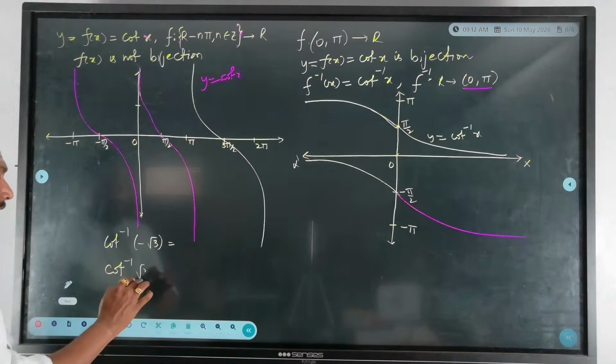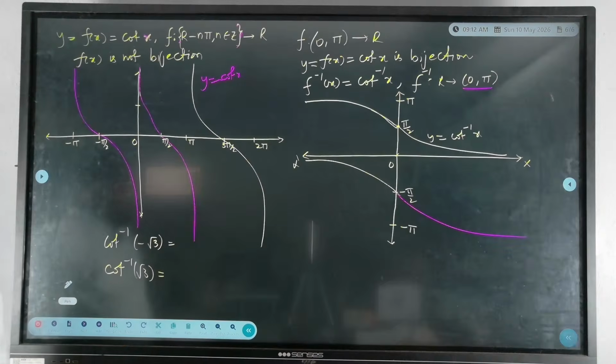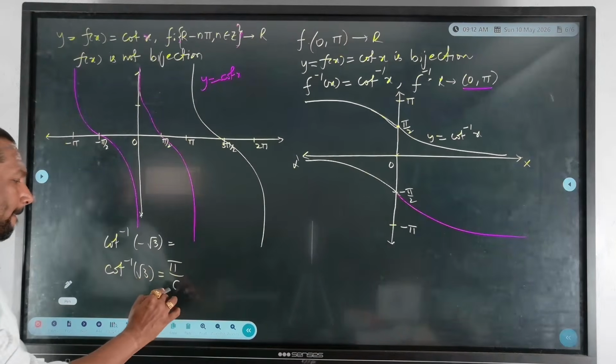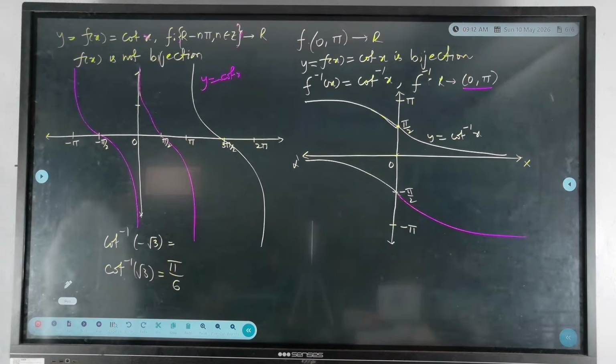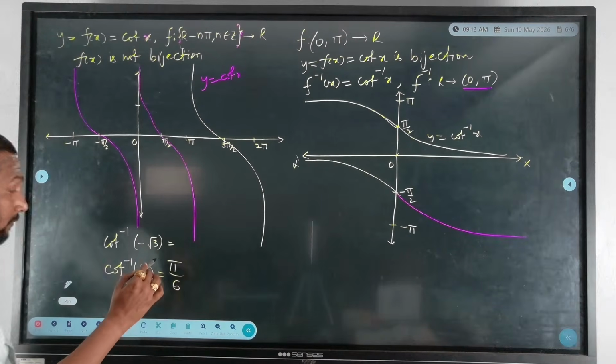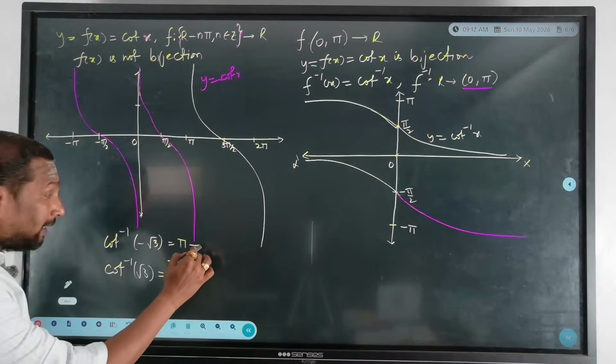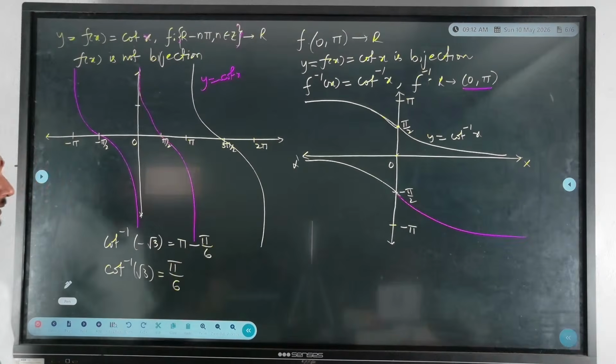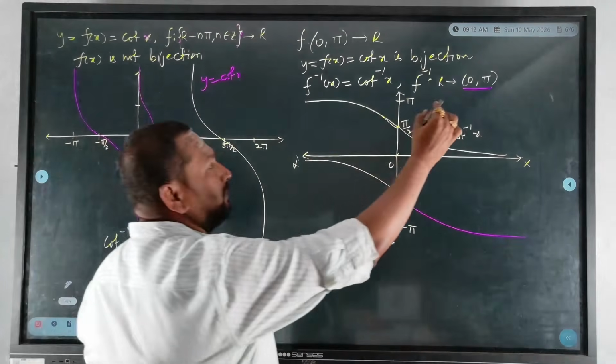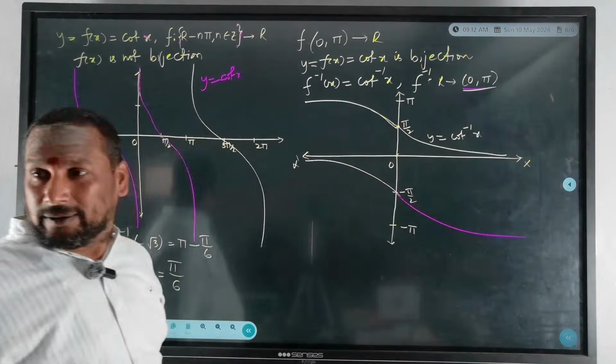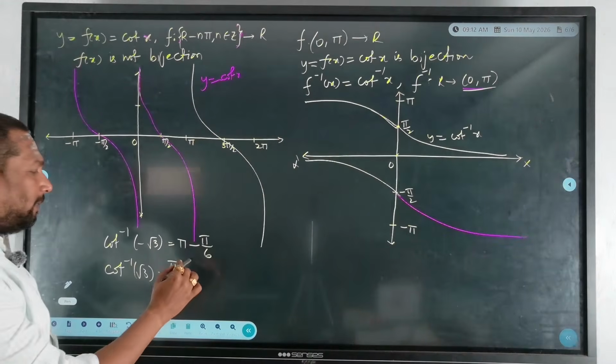What about cot inverse of root 3? Pi by 6. What about minus root 3? Pi minus, because it should be less than pi. So pi minus pi by 6.